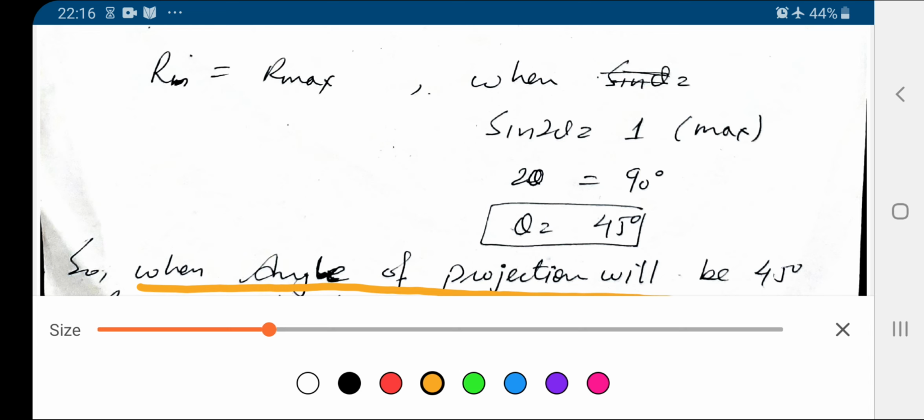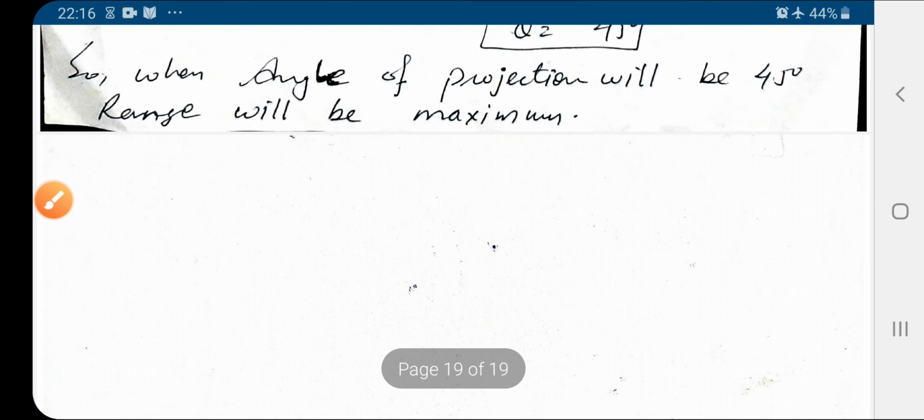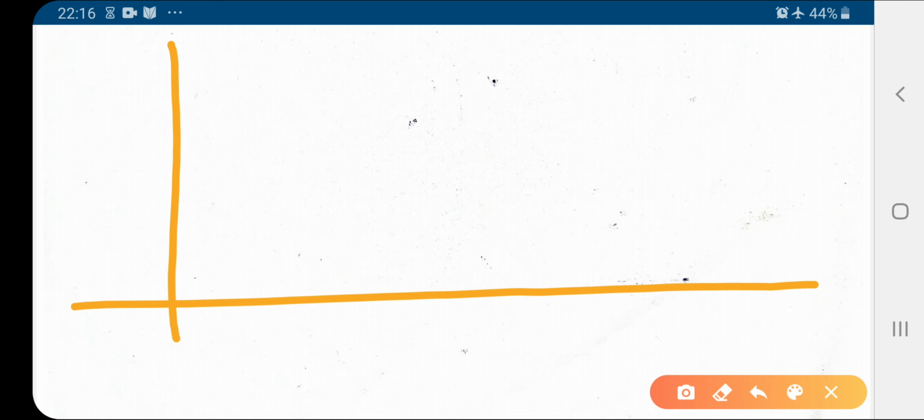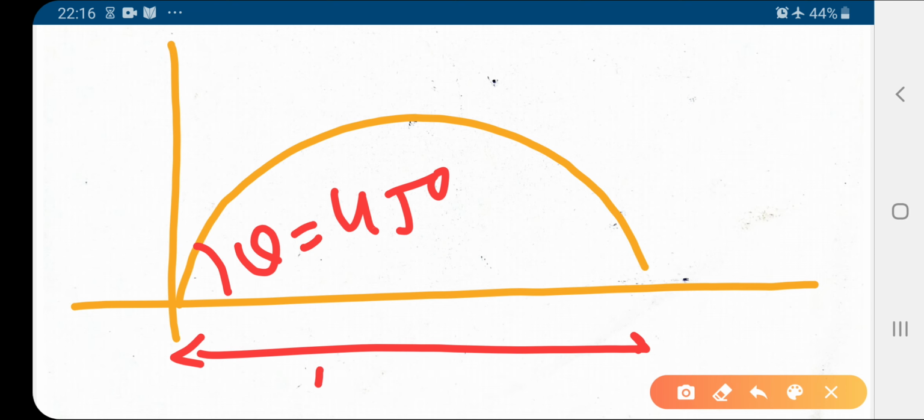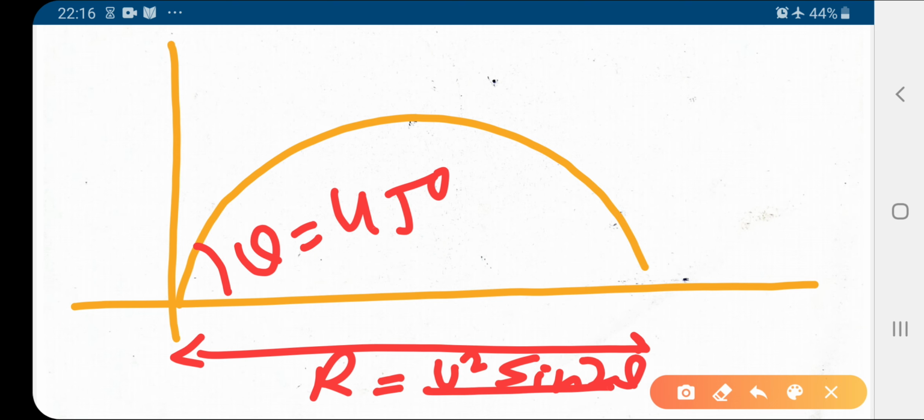So in the projectile we find that if this is the projectile motion, this is the theta, for maximum range it should be equal to 45 degrees, and this is the R, and R comes out to be u square sin 2 theta over g.